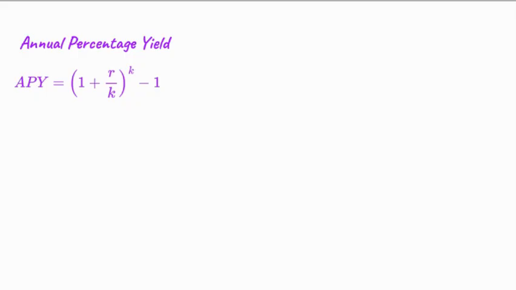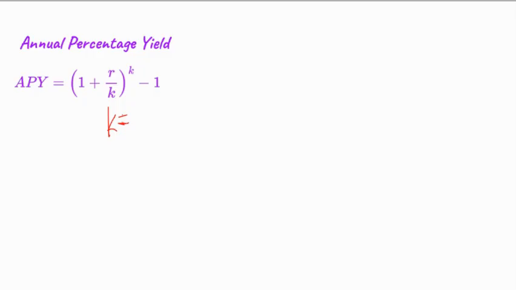All right, so our annual percentage yield is a method of trying to compare multiple investment opportunities. So K is the number of times compounded. In the formula in the book, they use K instead of N on this. I don't know why. And then R is our rate.